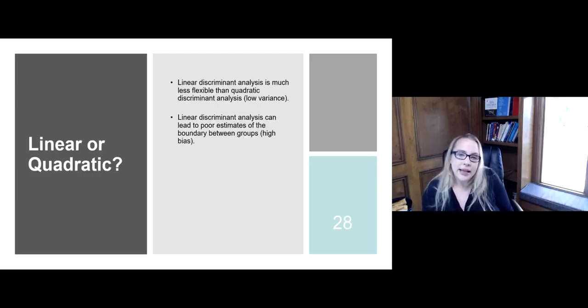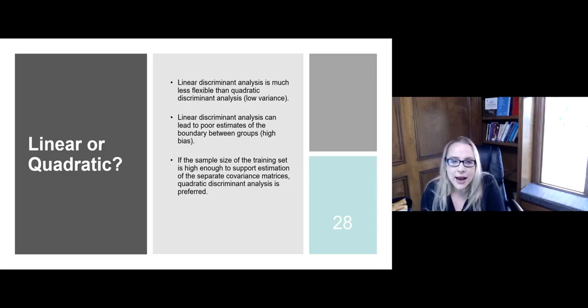Now, should you use linear or quadratic discriminant analysis? Linear discriminant analysis is much less flexible than quadratic discriminant analysis, so it will have a lower variance. But linear discriminant analysis can lead to poor estimates of the boundary between the groups, which means it will have high bias.